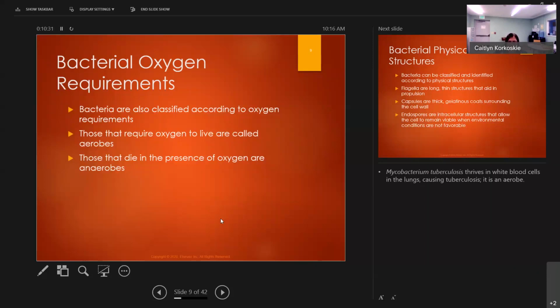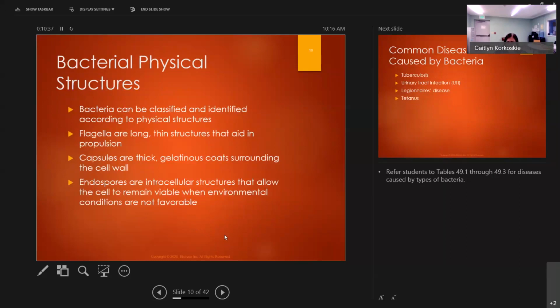Without that oxygen, the tuberculosis bacteria would die off. Is that making sense so far, Tahila?